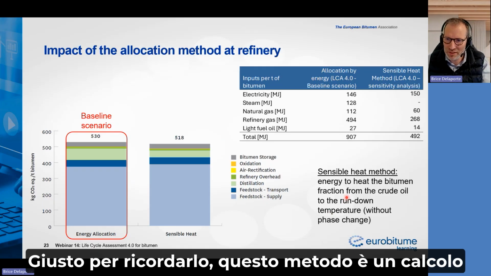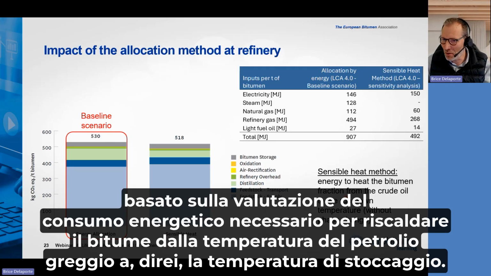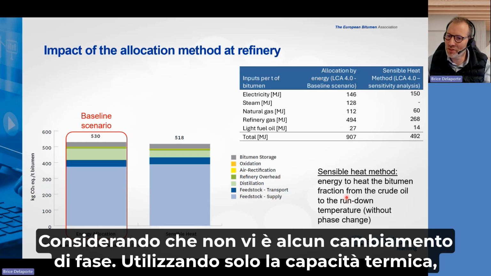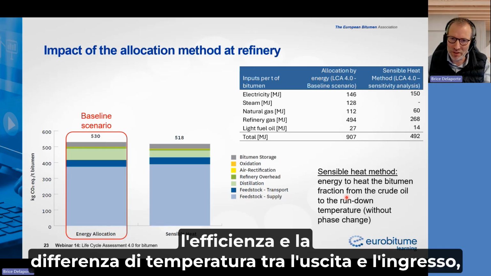So just to remind you that this method is a calculation based on the evaluation of the energy consumption to heat the bitumen from the crude oil temperature to, I would say, the storage temperature, and considering there is no phase change, so using only the heat capacity and the yield and the delta temperature between the output and the input.